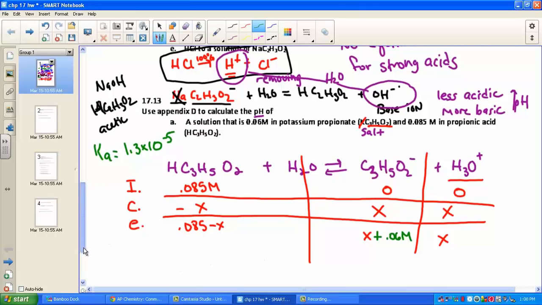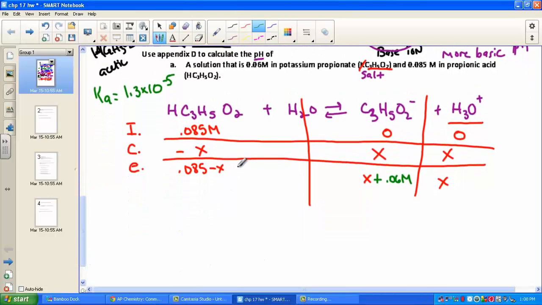There. Now, what can we make with some assumptions here? Probably pretty good assumptions. The value that is being used compared to the original values is probably negligible. The value of the ions forming is probably negligible compared to the overall ionization. So when we set up our Ka, we're going to toss out the minus x and the plus x because, as we've learned in the previous chapter, the extent of ionization, especially with this negative fifth power, is small. Pretty safe assumption to toss out the x.